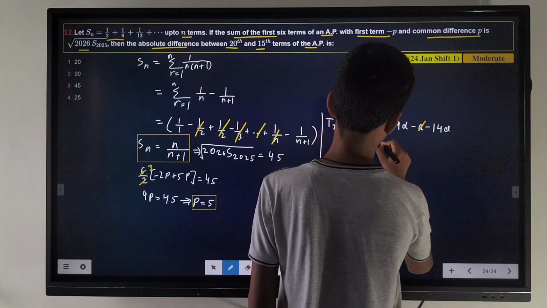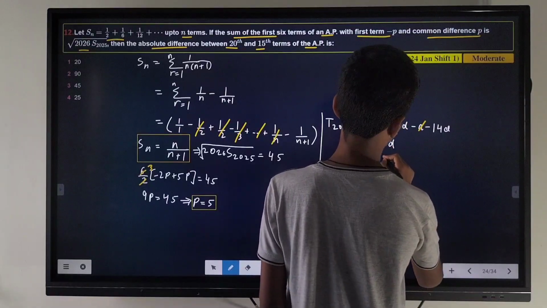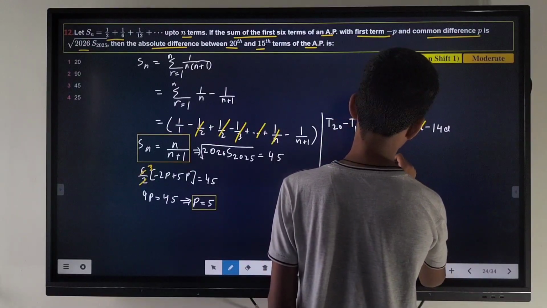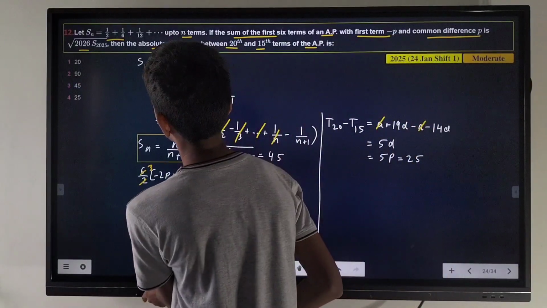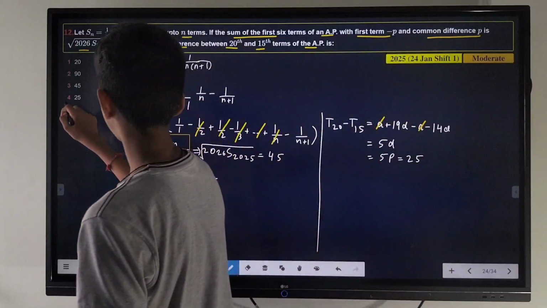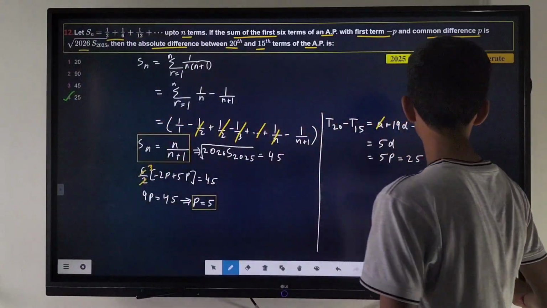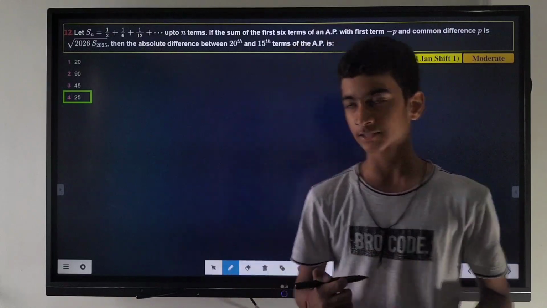This is equal to 5B, which is equal to 5 times P, and this is equal to 25. From here, our answer is option 4. And here is our solution, and we can see that our answer is correct.